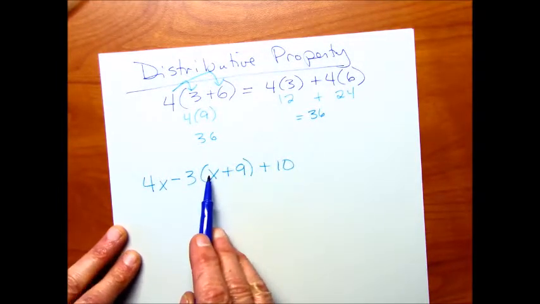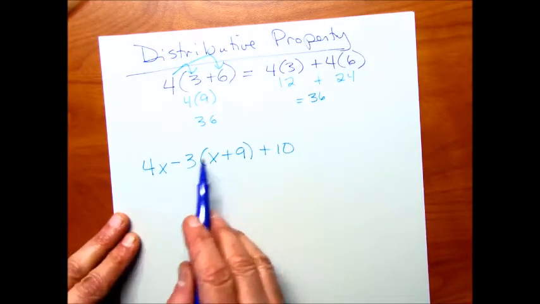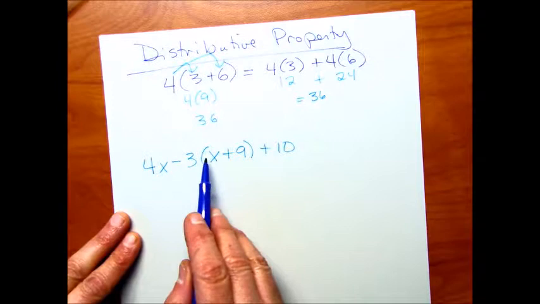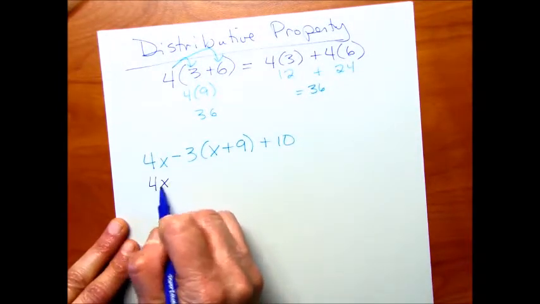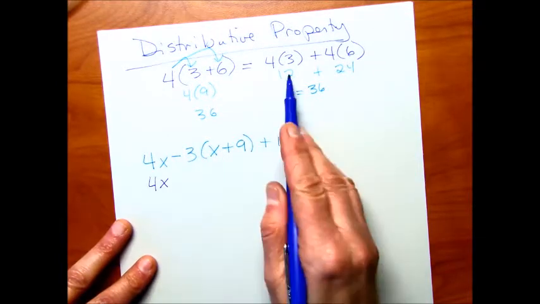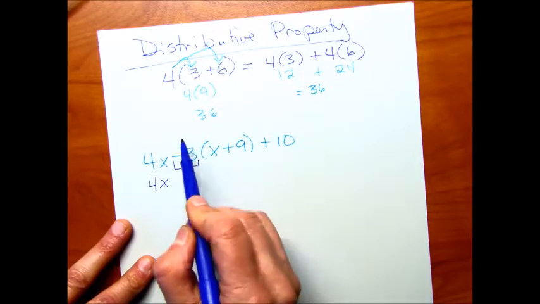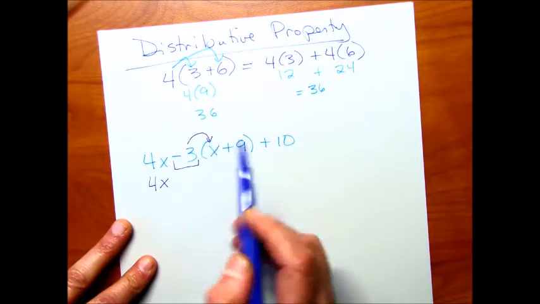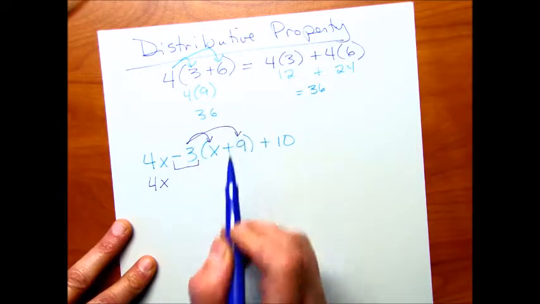So we're going to use distributive property to get rid of those grouping symbols. So I'm going to rewrite the 4x, and then I'm going to break it up like I did over here. I'm going to take this -3 and multiply it to the x, and then add, and then multiply it to the 9.